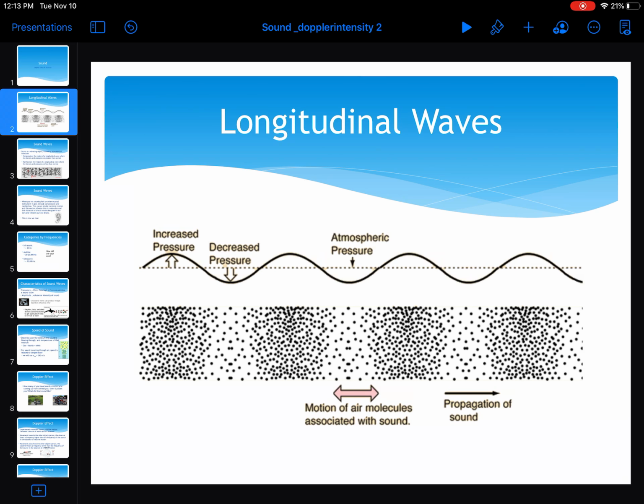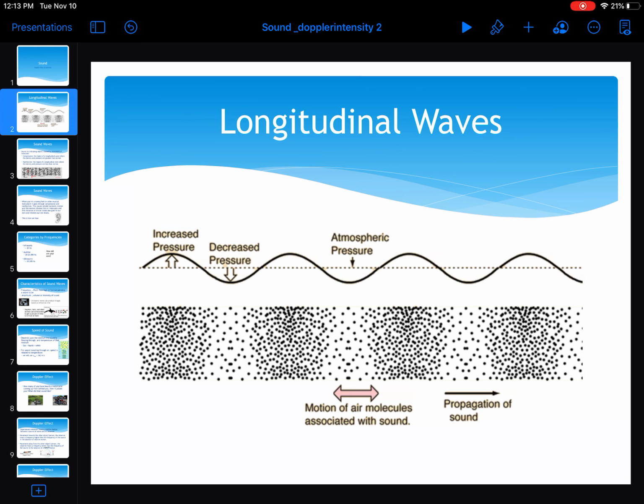We have very few particles in that particular space, and so this is going to represent the two phases, or the two parts of our wave cycle. So one complete wave must have both parts of the motion, or both phases of that oscillation. So we have alternating compression and rarefaction.